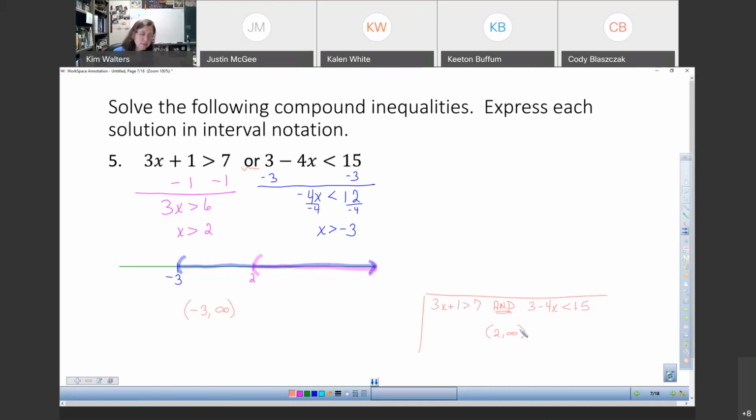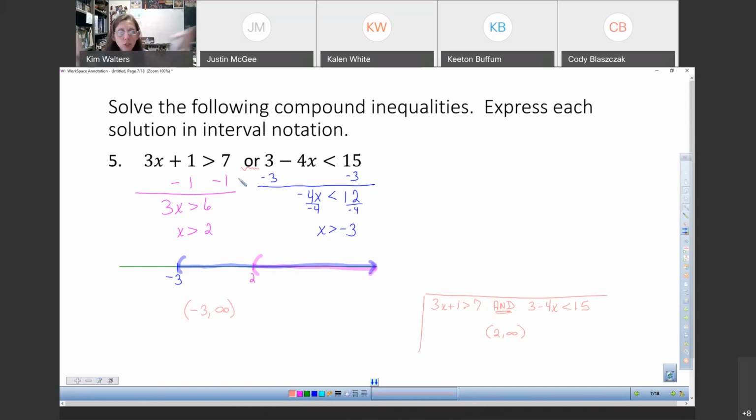And the reason for that is that and is the overlap, and the overlap is 2 and larger. Or is all inclusive, okay? It means I have to include everything that's shaded, but I don't need to repeat myself.